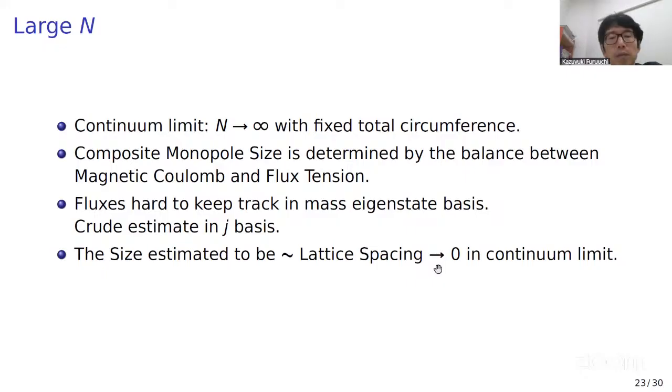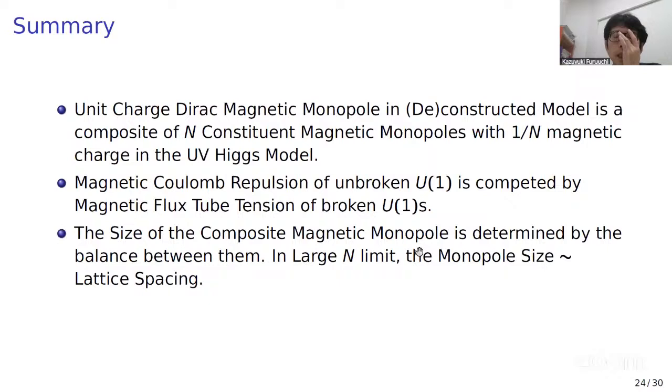Okay, so to summarize, the unit charge Dirac magnetic monopole in the deconstructed model is a composite of n constituent magnetic monopoles, each having 1/n magnetic charge in the UV theory.